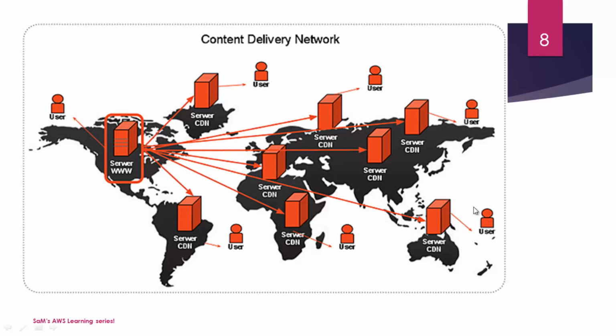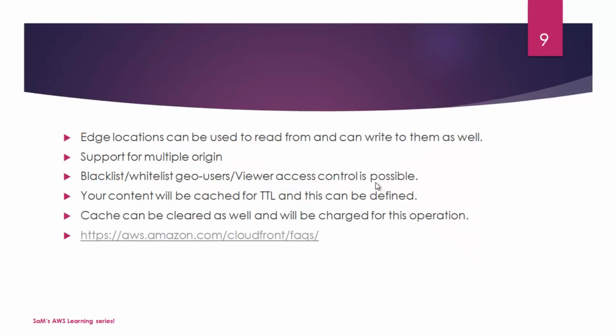But remember, as I said, the very first time the user makes a request, it will have to travel all the way from the user's location to the origin in North America, so there will be a delay. But from the second time onwards the CDN server will take care of it, network latency will be very low, and performance is going to be high. So remember that point.